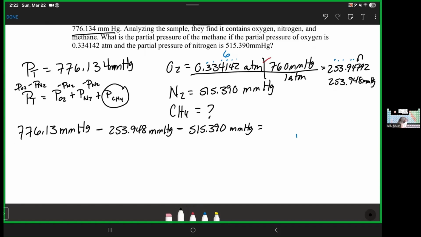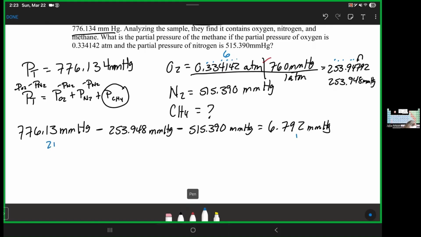Okay, when I do that math, I get 6.792 millimeters of mercury.